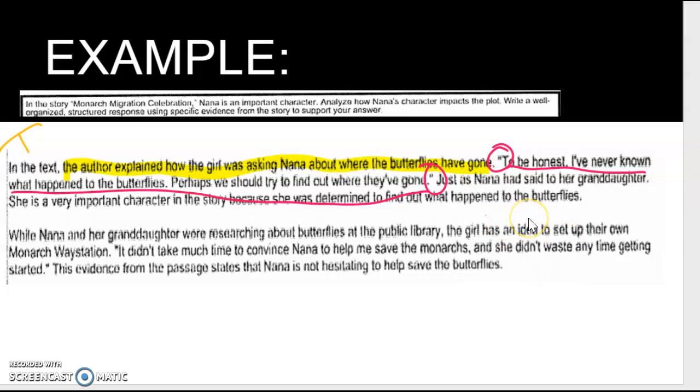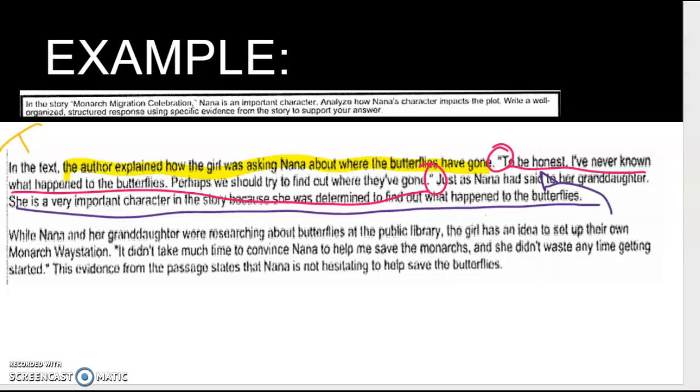Just as Nana has said, her grandma is a very important character in the story because she's determined to find out what happened to the butterfly. They have that transition again, and then they're explaining how this answer supports our evidence, okay? While Nana and her granddaughter were searching for butterflies in the public library, the girl had an idea to set up her own monarch way station.